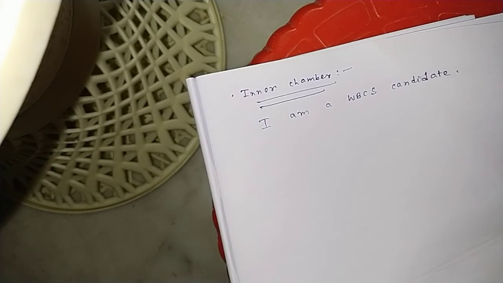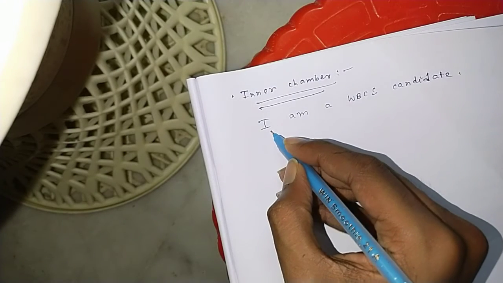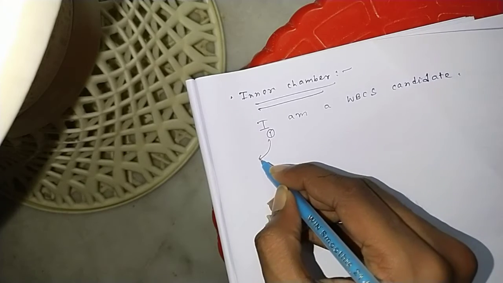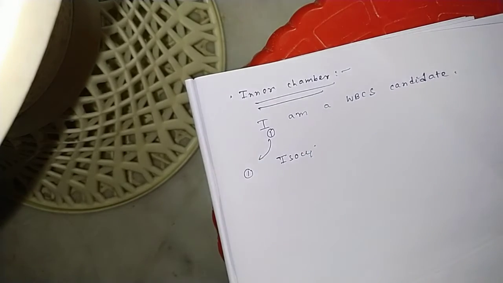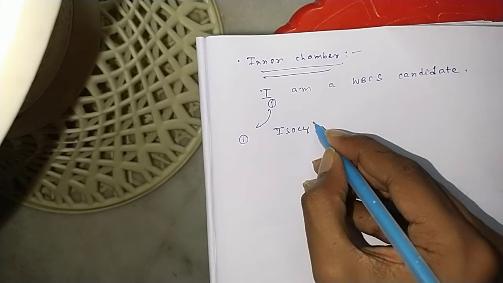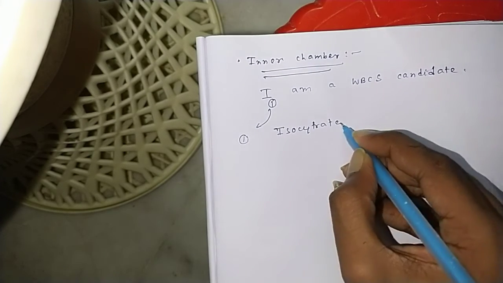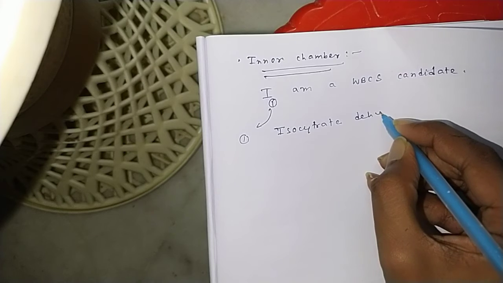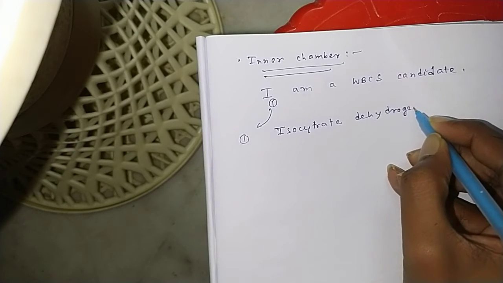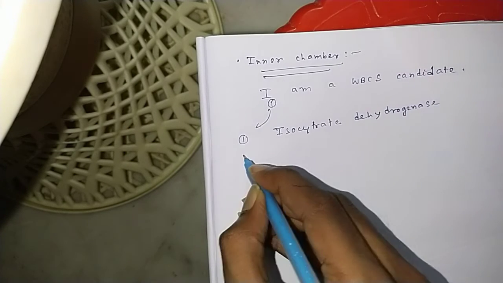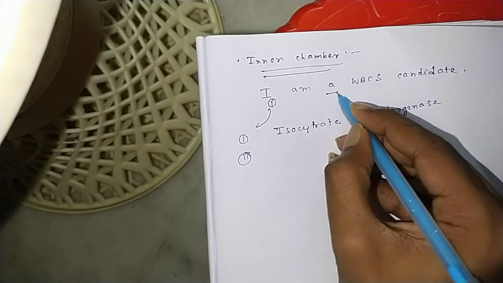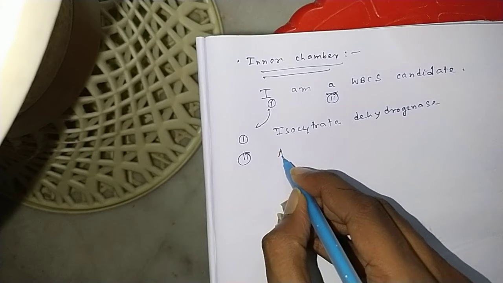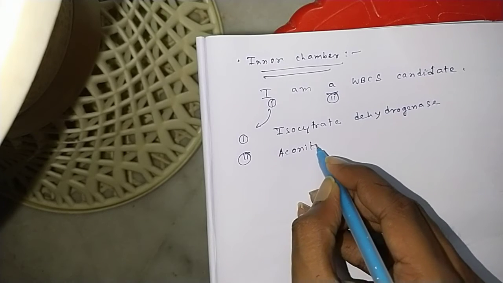Okay, so let us say, first of all, I means isocitrate dehydrogenase. Then you have the second one, that is A, that means aconitase.